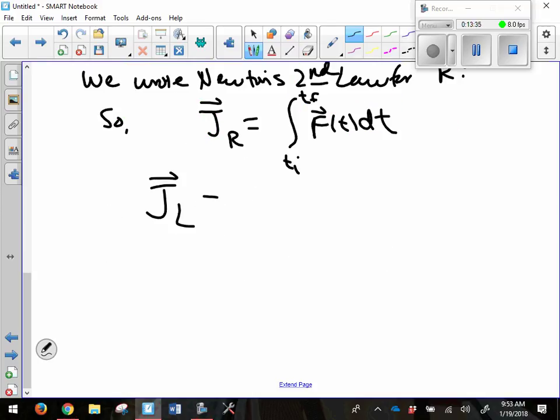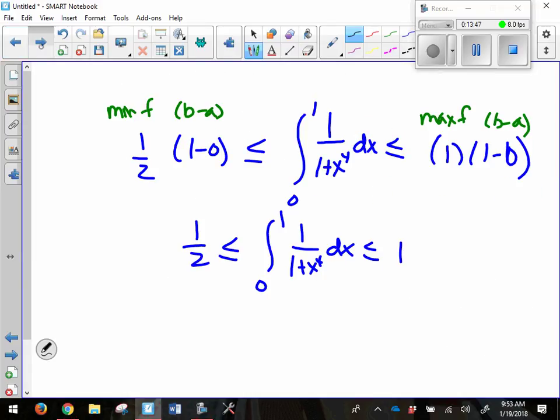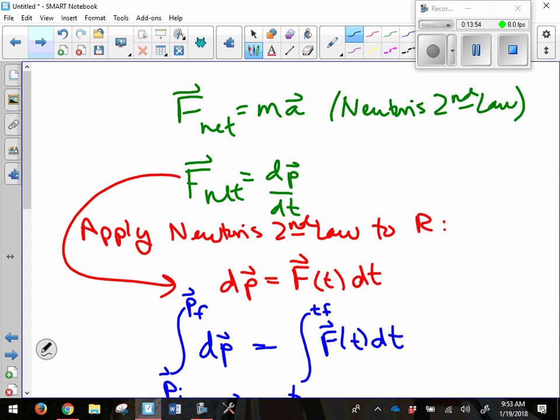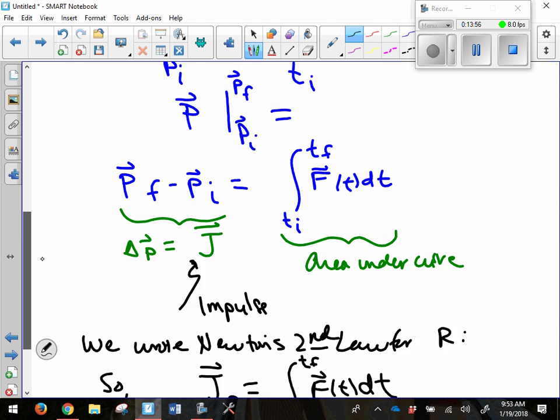So what do you think JL is going to be equal to for the object on the left? Well, yeah, the same thing. FT is going to be negative, right? Because the force points in the opposite direction. All right, and these are all vectors. Notice they all have vector symbols.